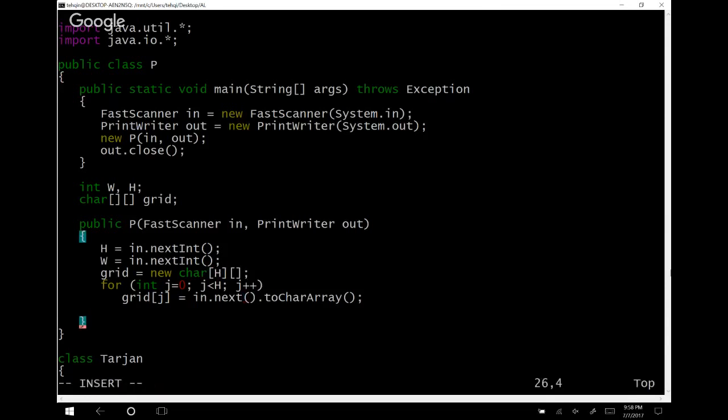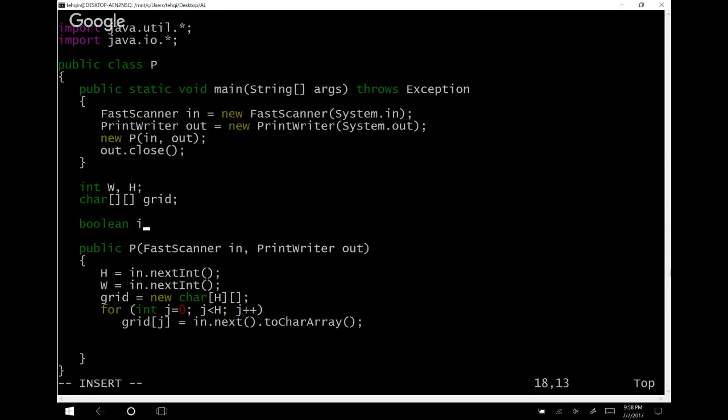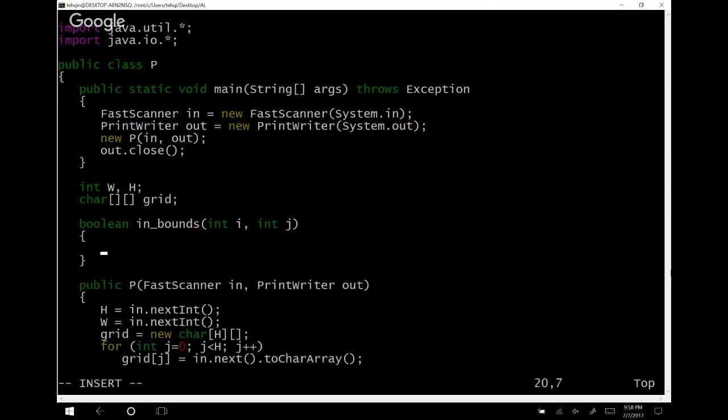Just read in the grid that way. So I need to put in an inbounds check, i and j, in terms of the grid.